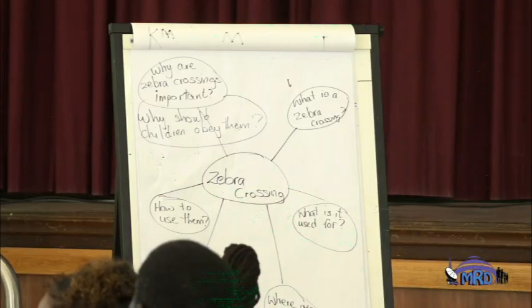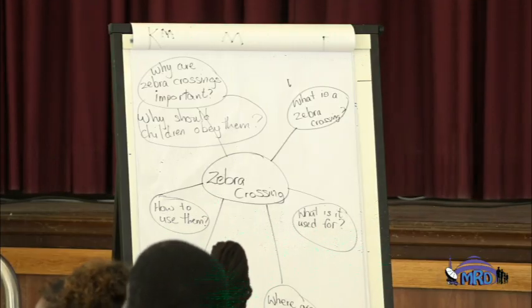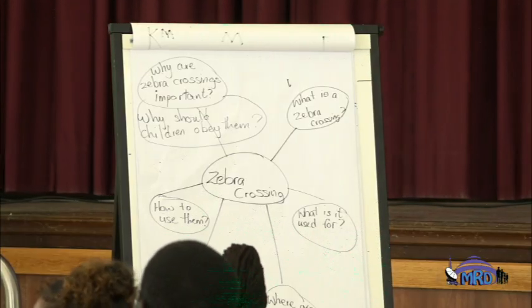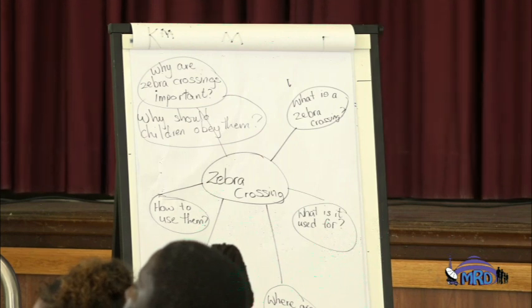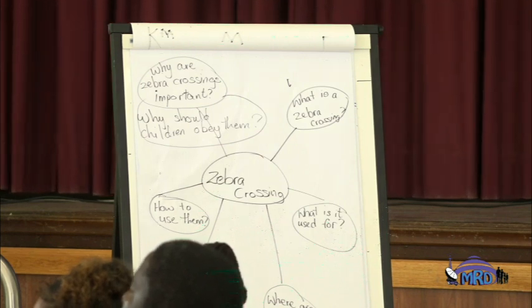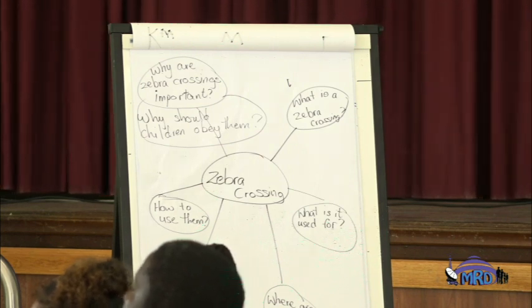The zebra crossing brings greater attention to the motorists that there's a need for someone to cross the road. And why should they obey? The children then learn road safety, which can also be a social studies lesson. We should obey them so that we get home safe, we travel safely, we're not knocked over on the road. And that's it. Thank you.